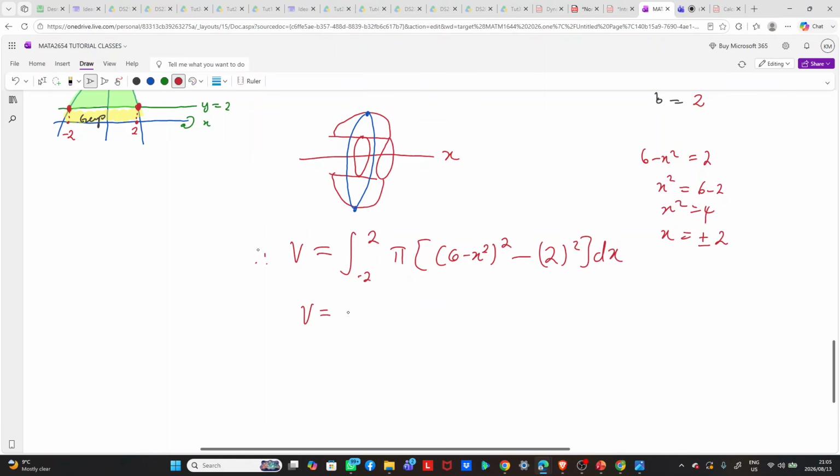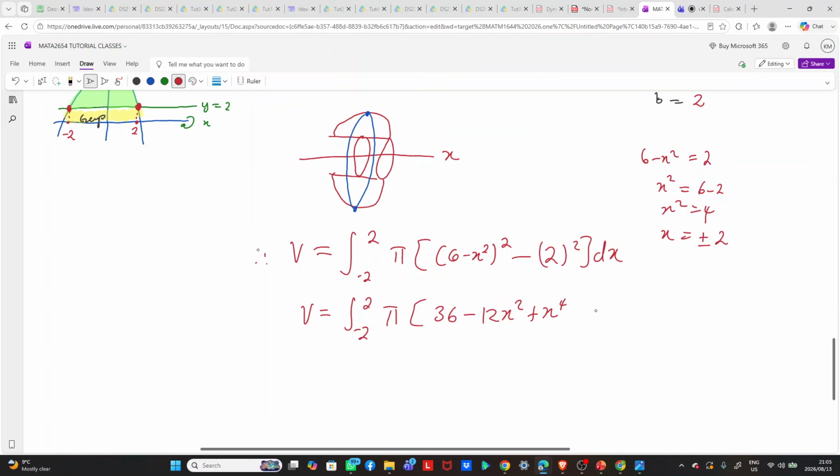So the volume then is defined by the integral from -2 to 2 of pi times, what is this guy? 6 squared is 36, is it? Yes. Then we'll have 36 minus 12x squared plus x to the power 4.